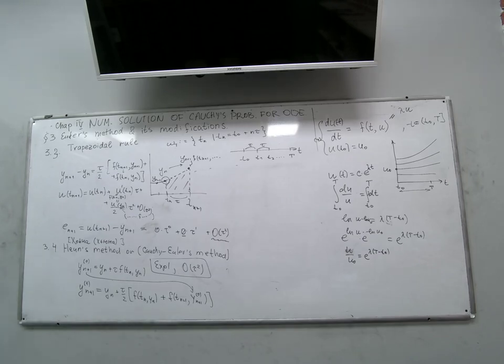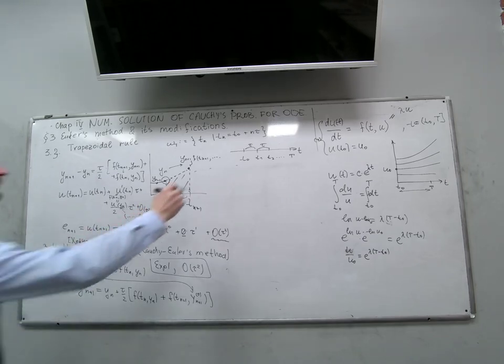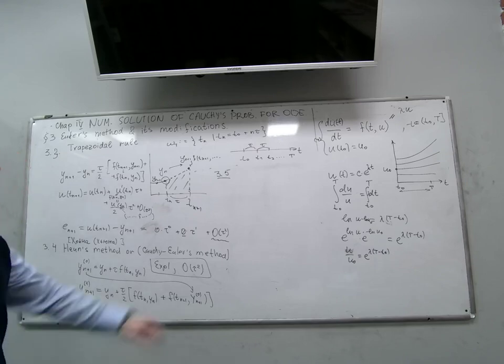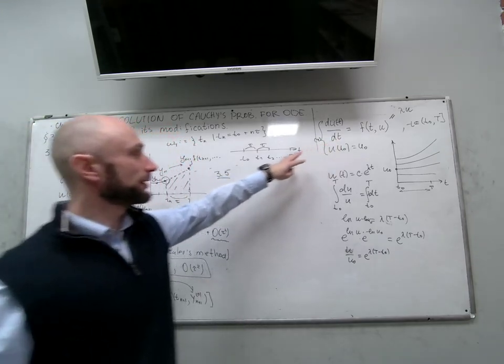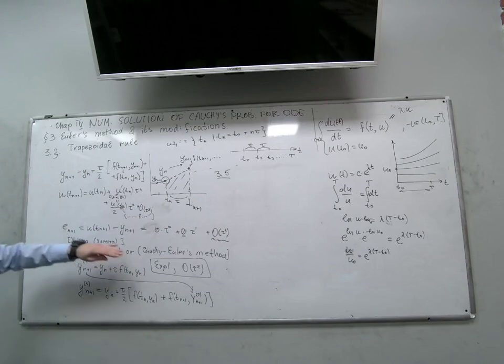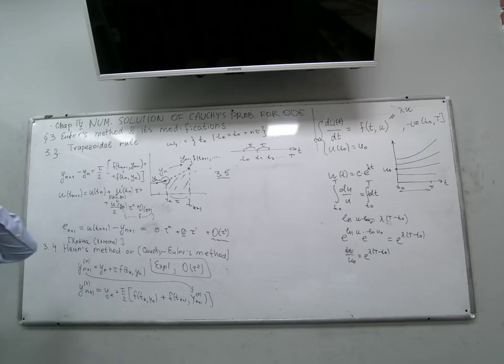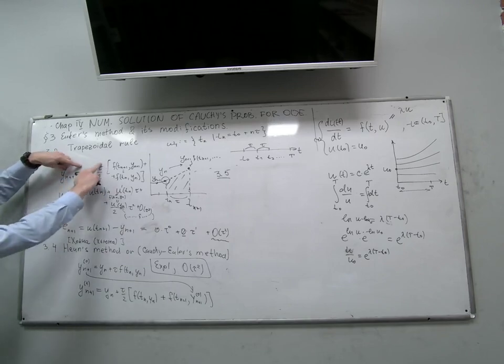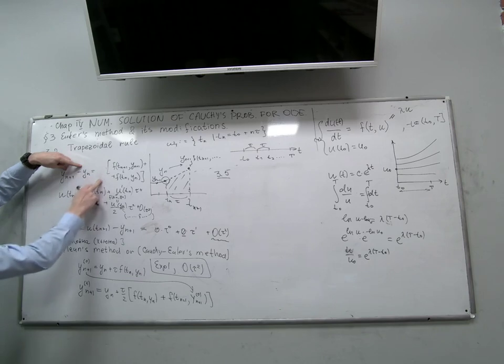Okay, so 3.5. If you look at the original equation again, what we've actually done, we integrated it, right? But we could use another approach. When we integrated it, we obtained something on the left-hand side, and we can look at the left-hand side using an alternative way.